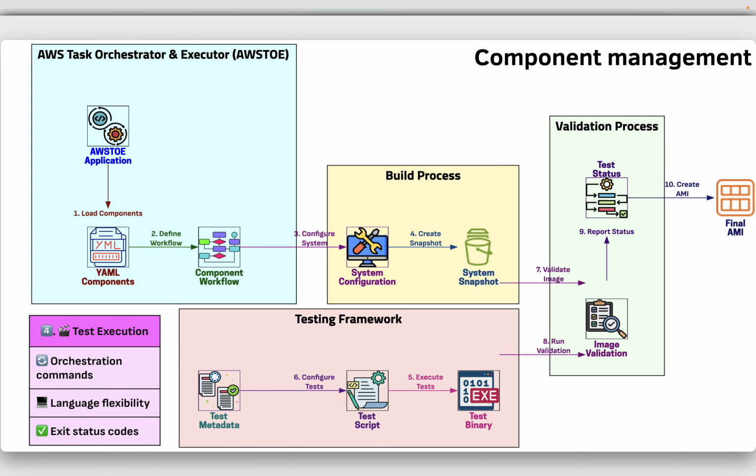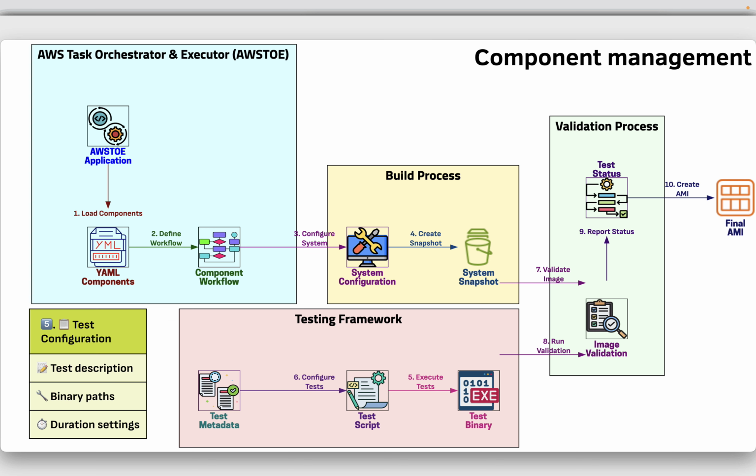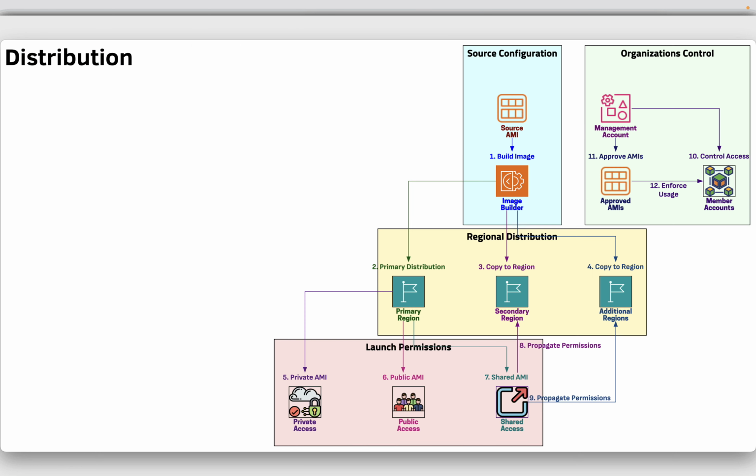Test execution is handled through orchestration commands that initiate test binaries, supporting various programming languages compatible with the operating system, and utilizing exit status codes to determine test outcomes. Test configuration includes detailed metadata that specifies essential parameters such as test descriptions, binary file locations, and expected duration settings, ensuring thorough documentation and proper test execution parameters.